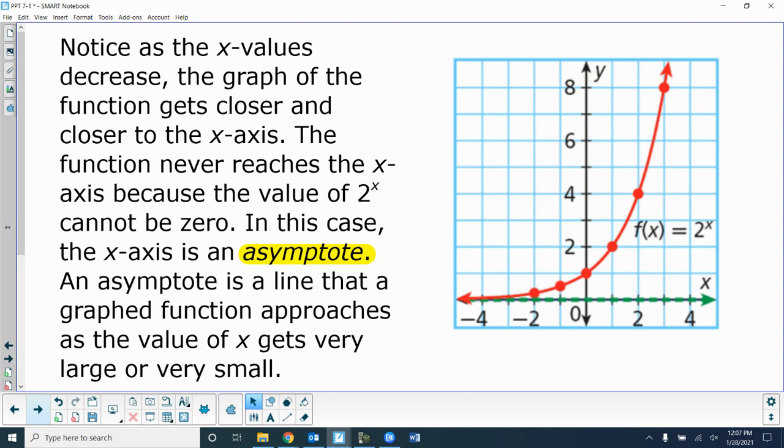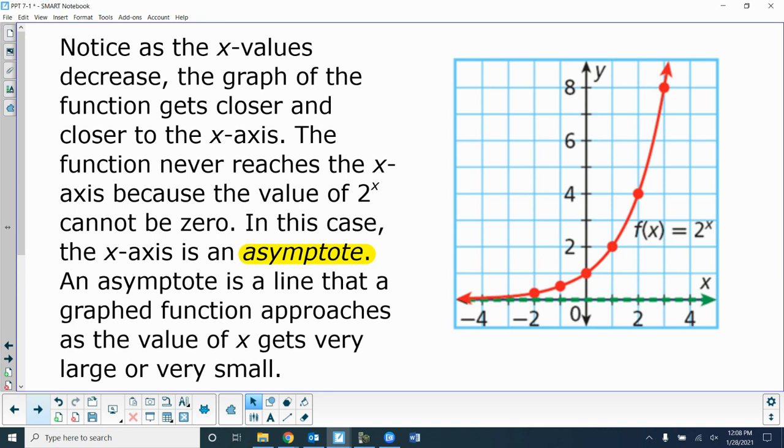An asymptote is a line that a graph function approaches as the value of x gets very large or very small, but it never actually touches it. Right? If I have 2 to a power, no matter what I put in for the exponent, I'll never get 0. It'll get really, really close to 0 if I go towards negative infinity, but it will never actually equal 0. Okay, so that's what an asymptote is.